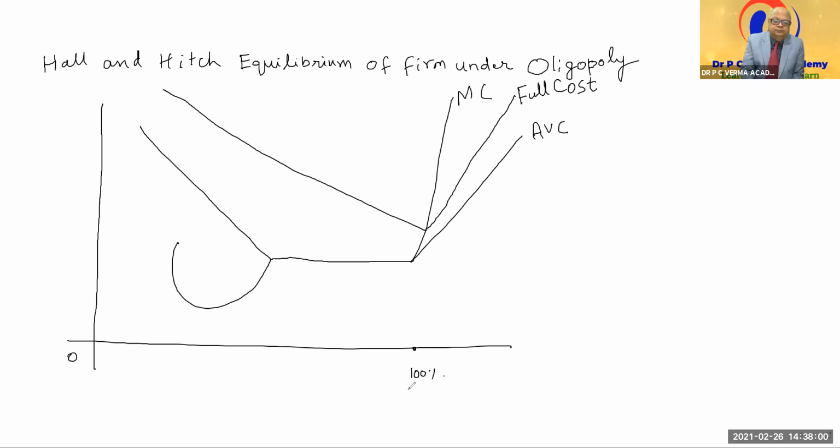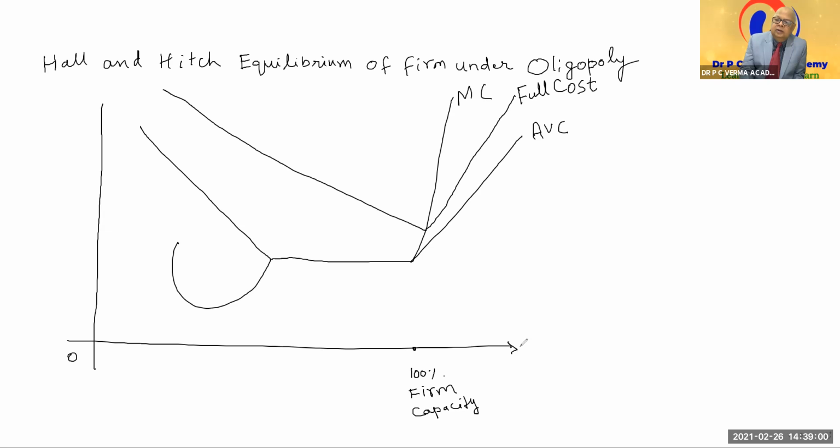This is 100% plant capacity, plant or firm. Bottom of full cost.